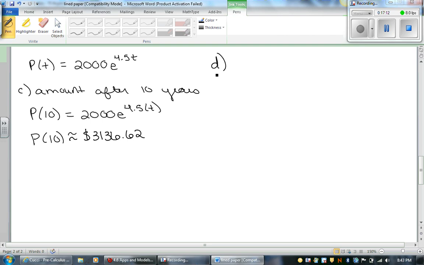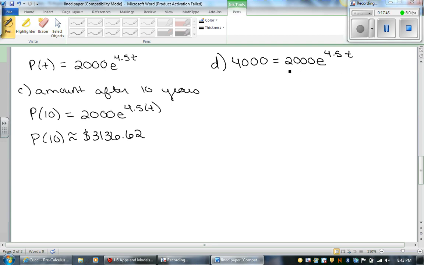All right. So the last part wanted to know how long it would take in order to double our money. Okay? So if we're talking about doubling our money, if we're starting with 2,000, that means we want to end up with 4,000. So that's going to be our P of t. And since we're wondering how long, what we're looking for is t. So again, it's another exponential function. So we're going to go ahead and solve this out.